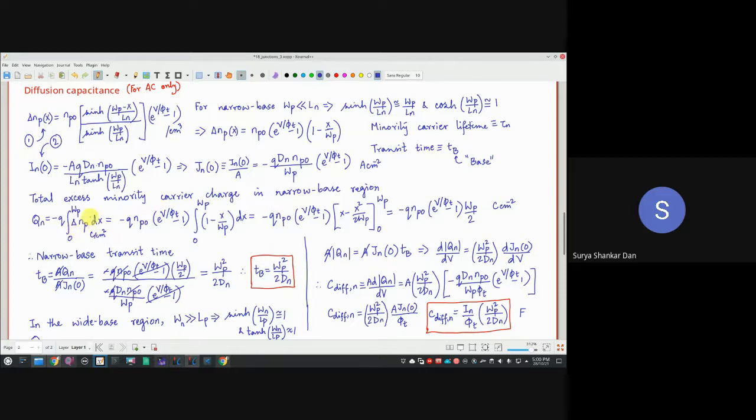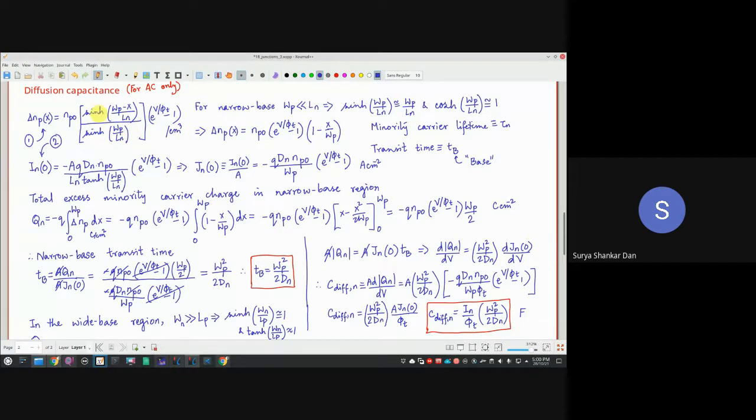So now I will simply use this delta np of x part here and carry out the integration. But we are going to observe something. Why is it suddenly this form? Because remember, for a narrow base, Wp is much less than Ln. So basically sinh will be gone. You will be left with only Wp by Ln in the denominator.